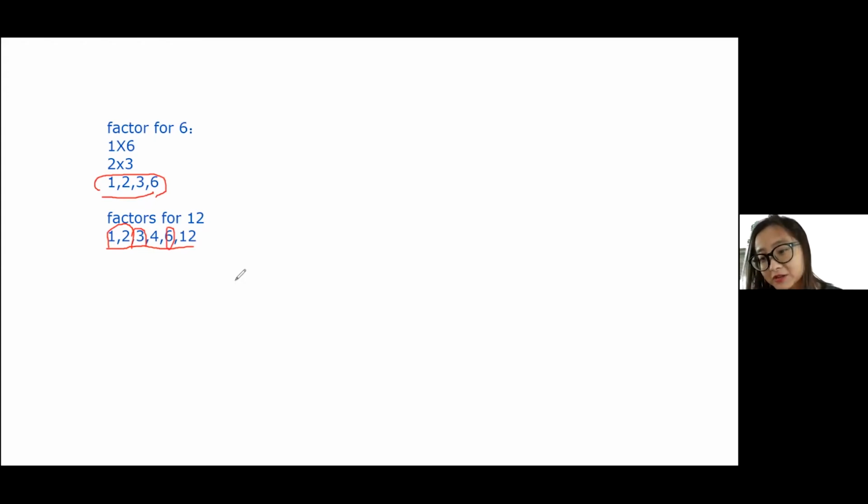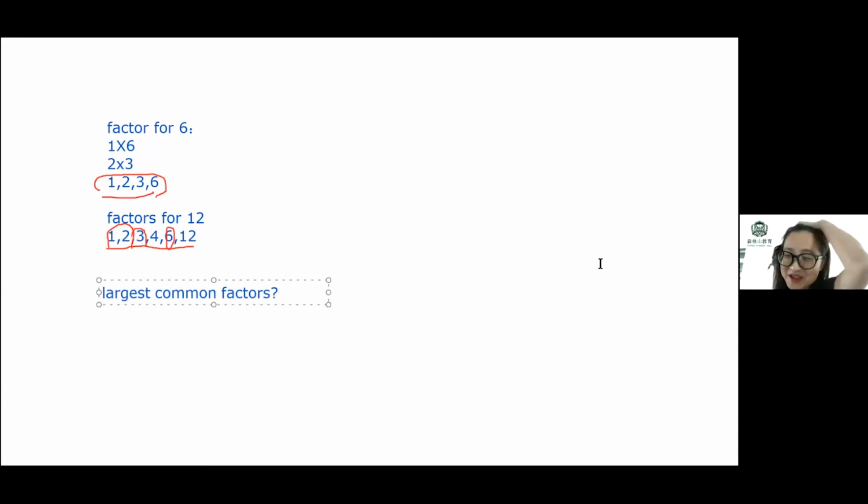There's another topic we call largest common factors. What does largest common factor mean? Jacob, do you know it? No. Hedy, do you want to say something? No. Okay, Bowen, please. My student wants to answer the question, so ladies first. Bowen, tell me.